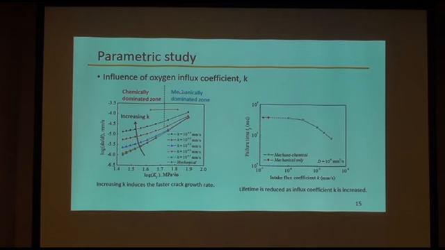But if you take a look at this region, the average crack growth rates are gathering regardless of K. So it means the mechanical degradation serves as a dominant effect in this region. So we can divide into the two zones. And the lifetime is reduced as the influx coefficient K increases. So this model shows the appropriate tendency about K.